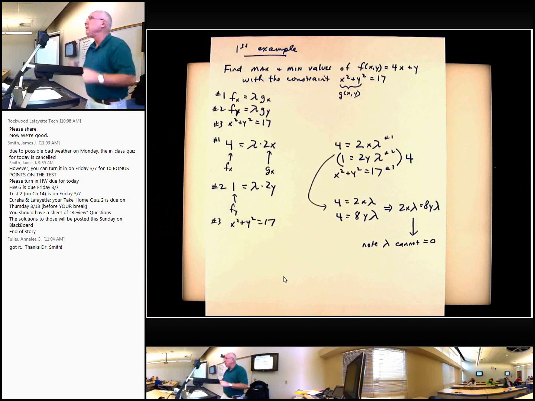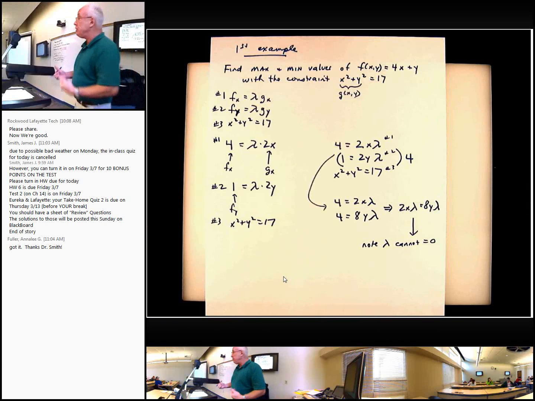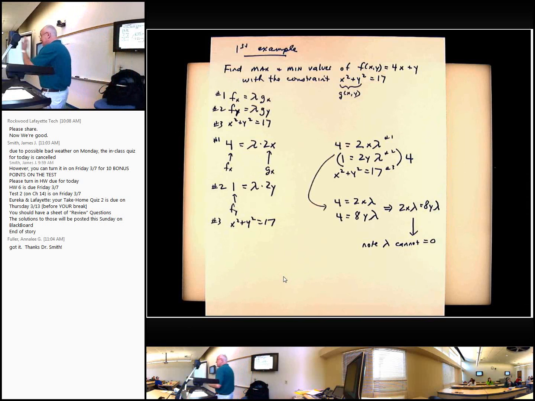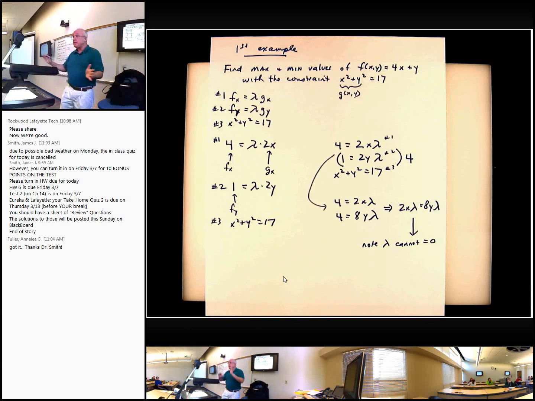Now, I want to get rid of that lambda that's on both sides of that equation, which means to do that, I would have to divide both sides by lambda. Well, you want to make sure that you're not dividing by something that's 0, all right? So if we know that lambda just flat out can't equal 0, then we can divide both sides of that equation by lambda, all right?